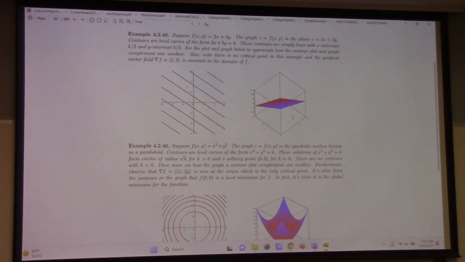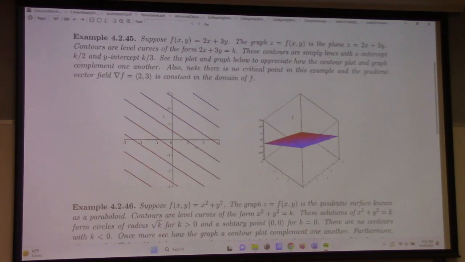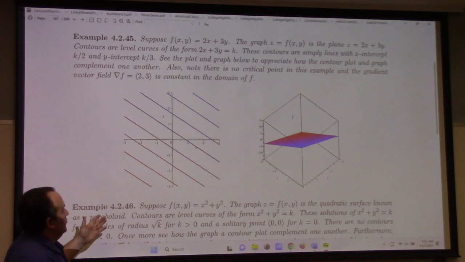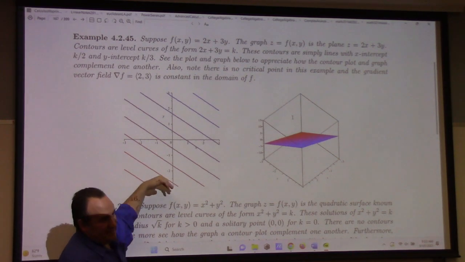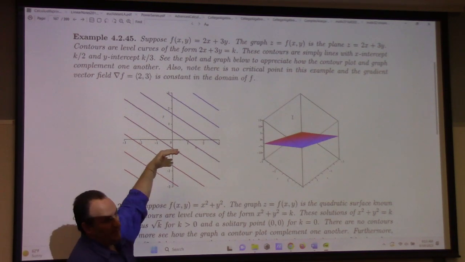This is easier. So here, I have a function 2x plus 3y, right? If we look at z equals 2x plus 3y, what is that? It is a plane, right? We know how to graph z equals 2x plus 3y. What about 2x plus 3y equal to a constant? Well, those are these lines in the xy plane, right?